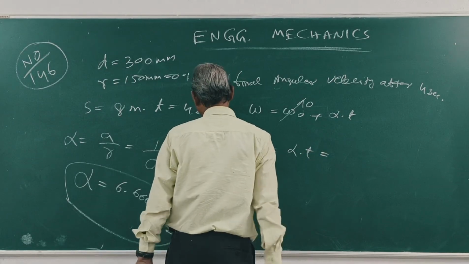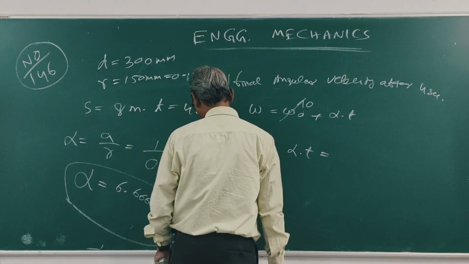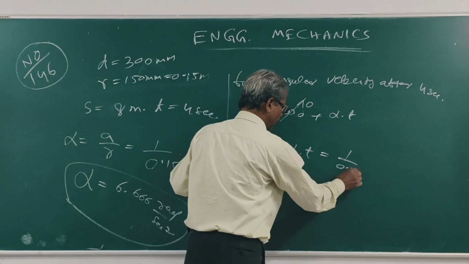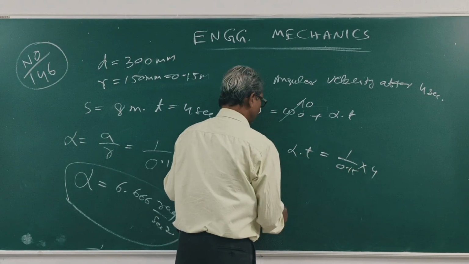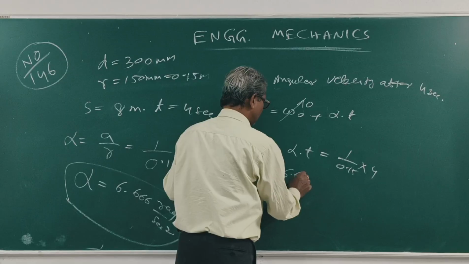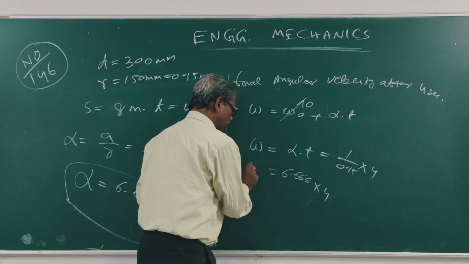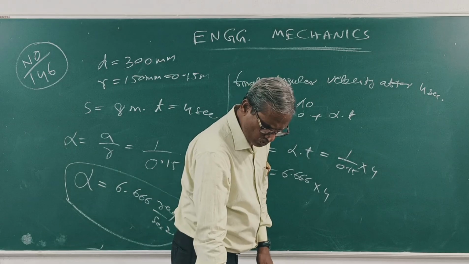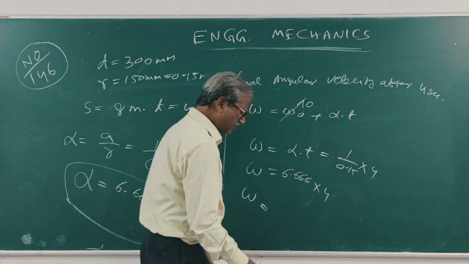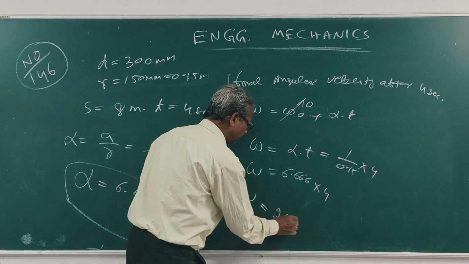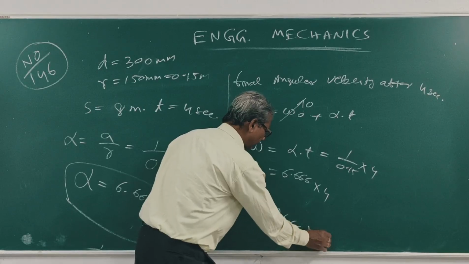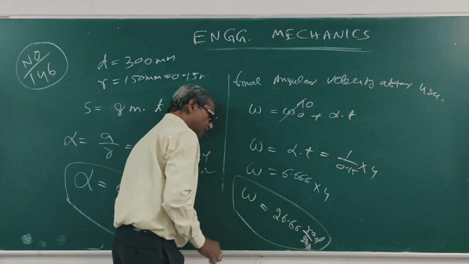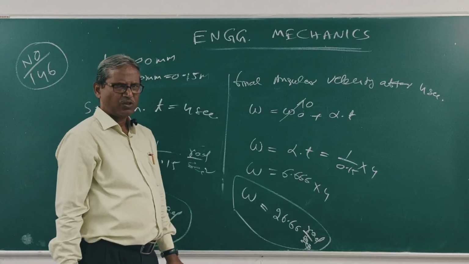Alpha is 1 by 0.15, which is 6.666, and t means 4. So 6.666 into 4. Omega is equal to 26.66 radian per second. This is the angular velocity after 4 seconds.